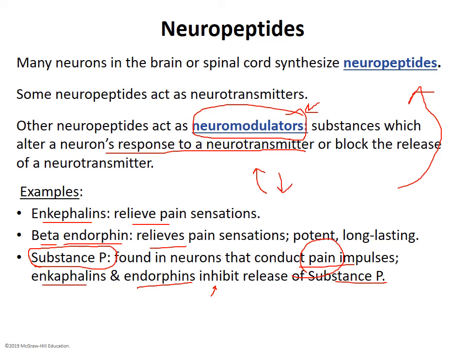What it's saying is neurons have a little bit of freedom to kind of try to help accentuate the signal or muffle the signal as it's going along. And it is done by the release of these things called neuromodulators. And all I want you to know about a neuromodulator is it is simply a substance that a cell can release that will alter the response, as it says here, to a neurotransmitter.